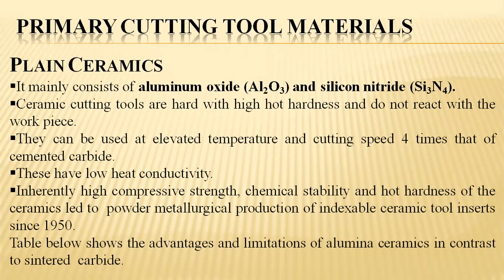These have very high hardness and are chemically stable with respect to the workpiece. They are utilized at elevated temperatures and at cutting speeds even higher than those of cemented carbides. They also have low heat conductivity, high compressive strength, and high hardness.